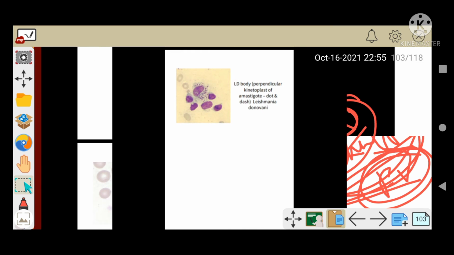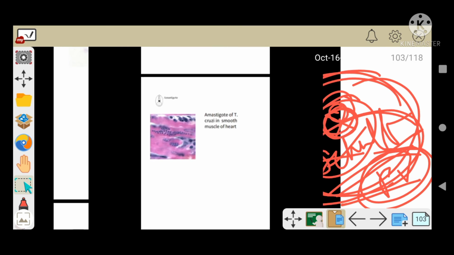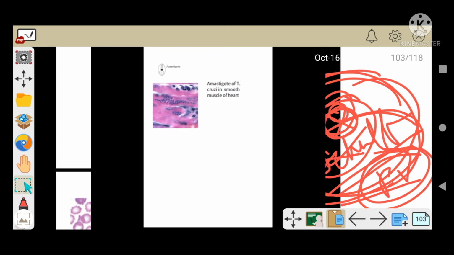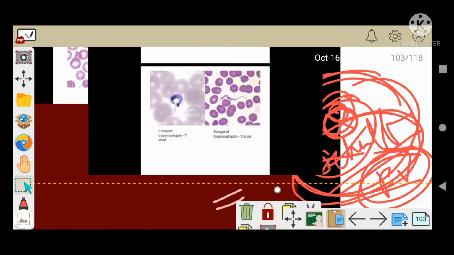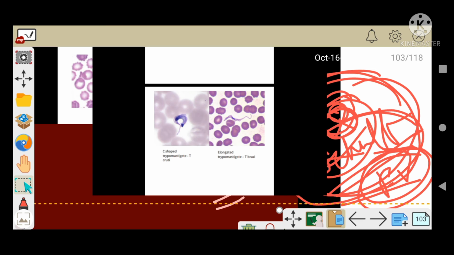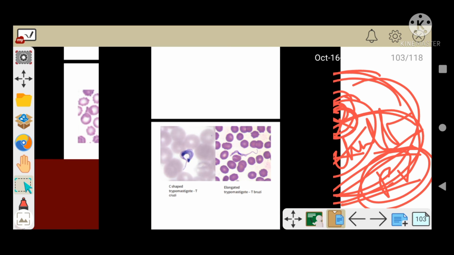Here they are showing the LD body of Leishmania donovani. It is transmitted by sandfly. We will discuss it in Derma, right? And in tissue, you will find the amastigote form. Just remember it, amastigote in tissue. And trypomastigote of Trypanosoma, which means sleeping sickness in Africans, right?